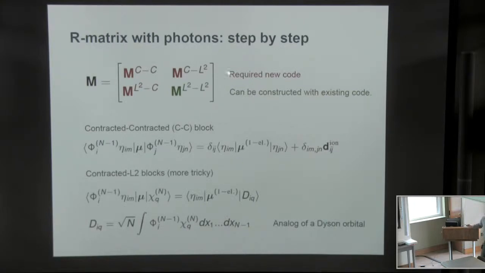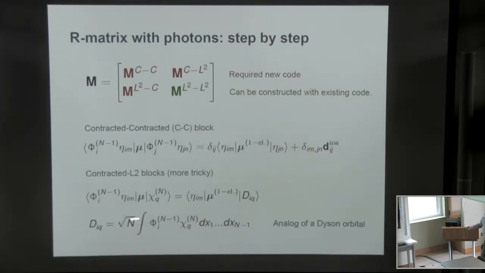And then let's move on to the off-diagonal blocks, which involve both contracted and L2 basis functions. And here we integrate out all of the electronic coordinates except for one, and we end up with a one electron integral between a continuum orbital and what looks very much like a Dyson orbital.